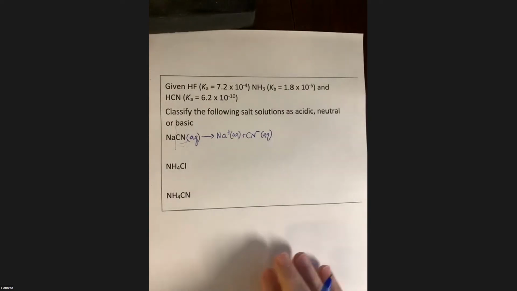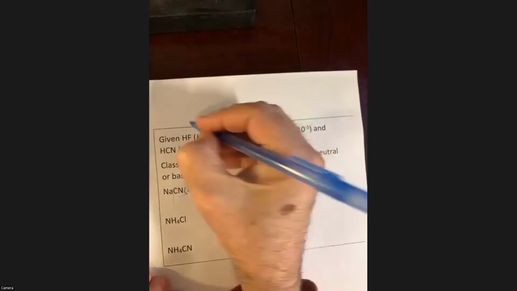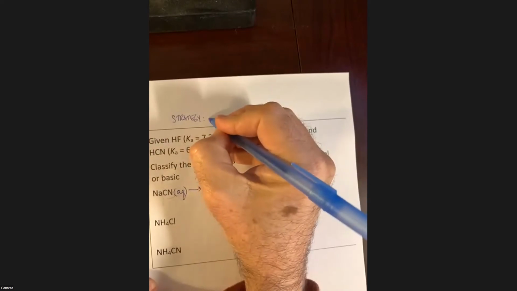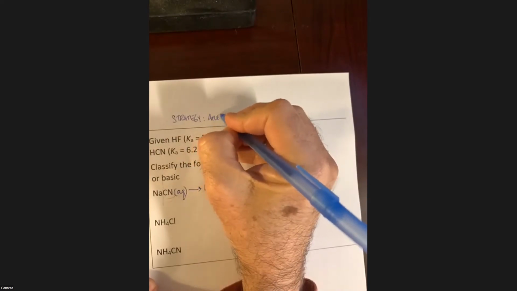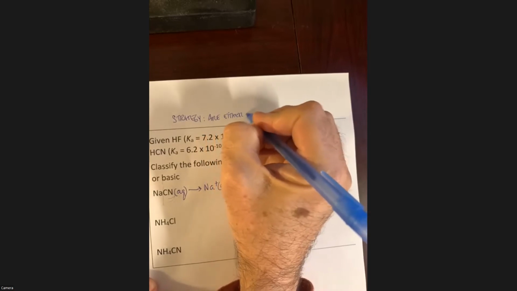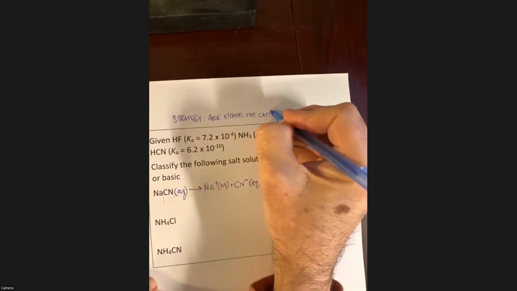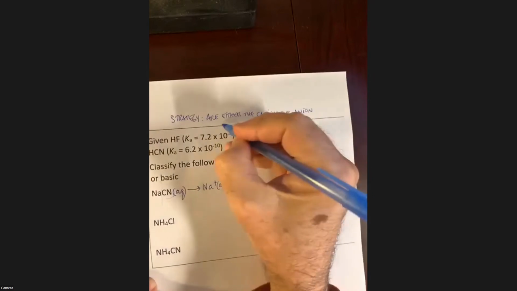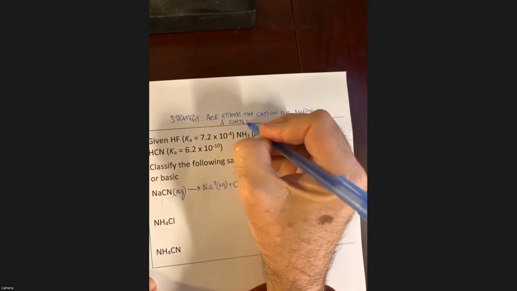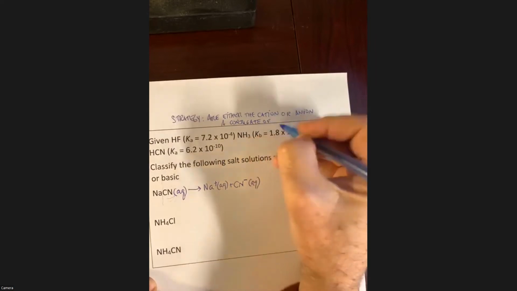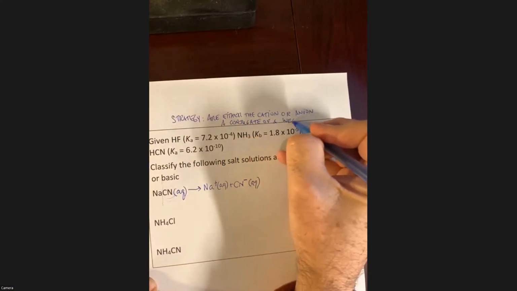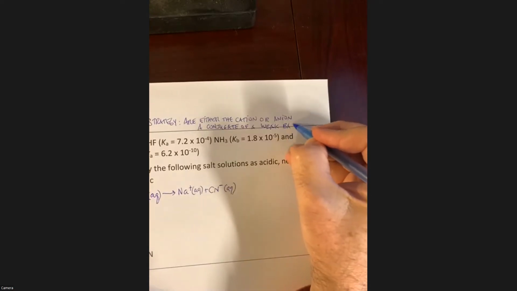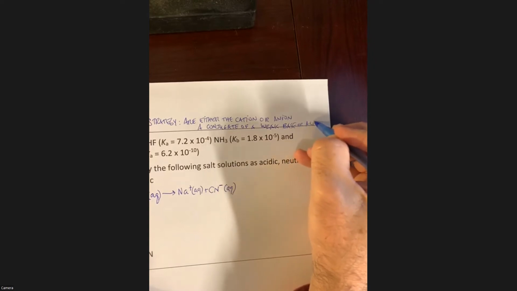Now, what's the strategy here for this kind of problem? The strategy is: are either the cation or anion a conjugate of a weak base or acid, respectively?